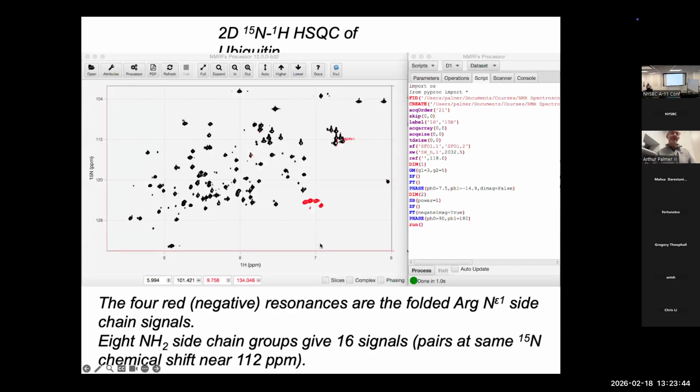Here is an HSQC of ubiquitin. And I think, hopefully I mentioned last time that the way we acquire the spectra, it looks like the edges are connected into a cylinder.